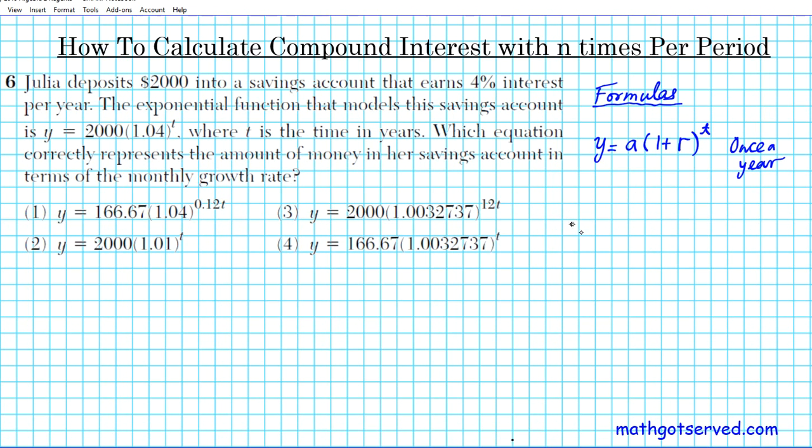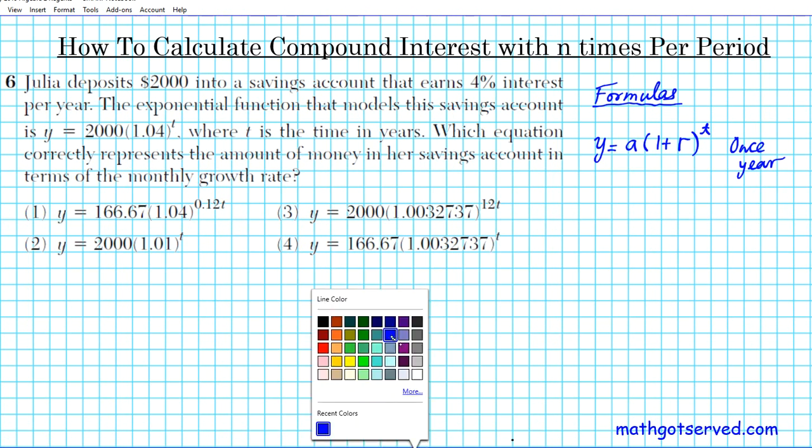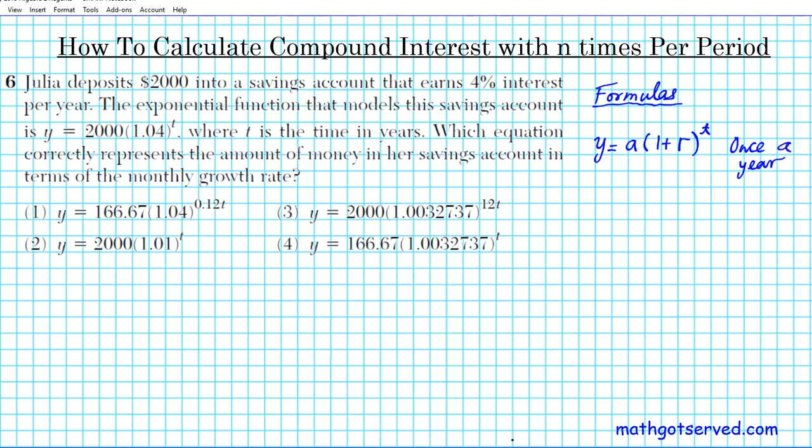Now, if it's compounded n number of times a year, the formula will be slightly different. It could be quarterly, which is 4 times a year. It could be biannually, which is twice a year, or it could be monthly, and you have 12 months in a year. In this particular case, it says monthly, so we're looking at 12 times per period because we have 12 months in 1 year.